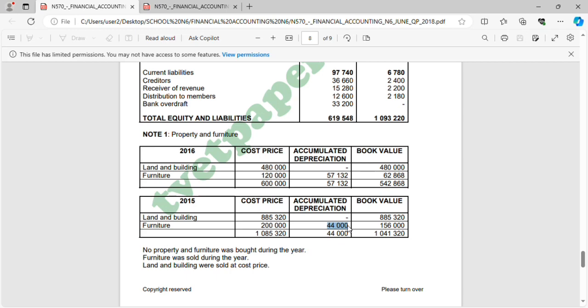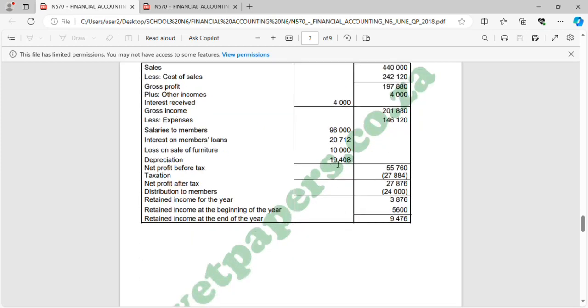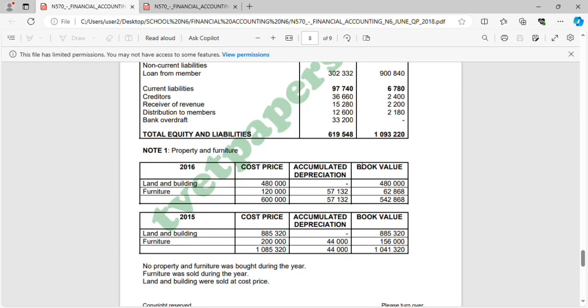Because we have the depreciation amount of 19,000, we're going to add 19,408. Then we can now less this accumulated depreciation for finish, less 57,132 to get 6,276.